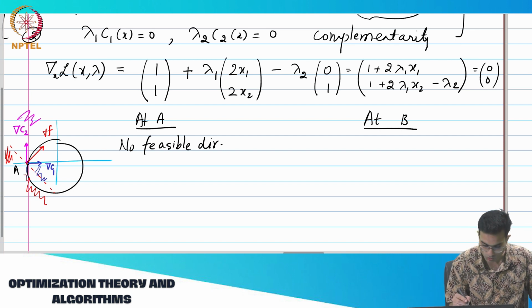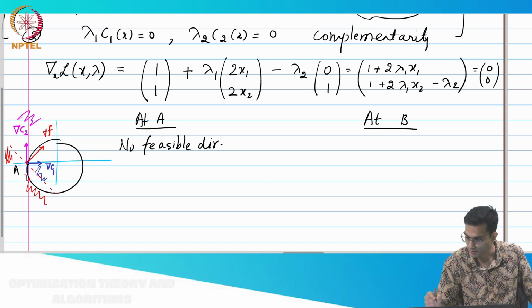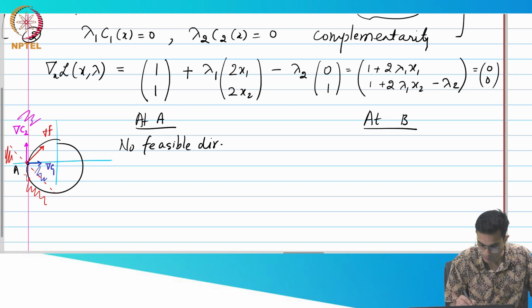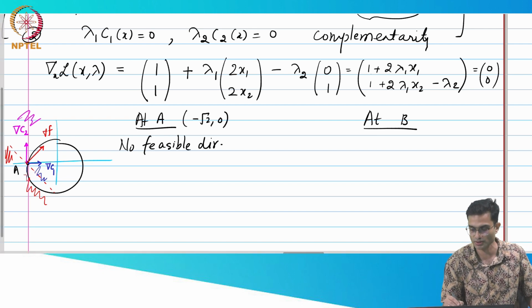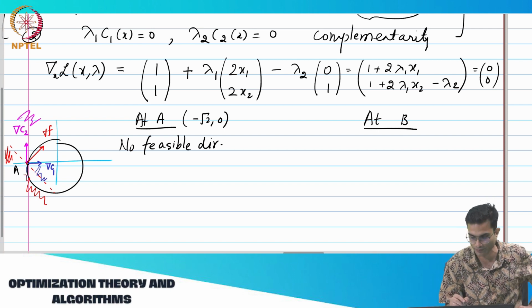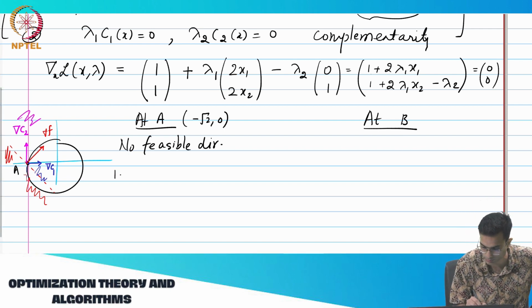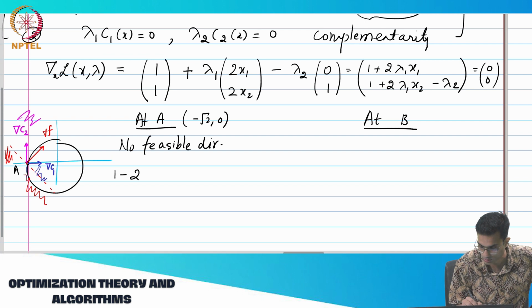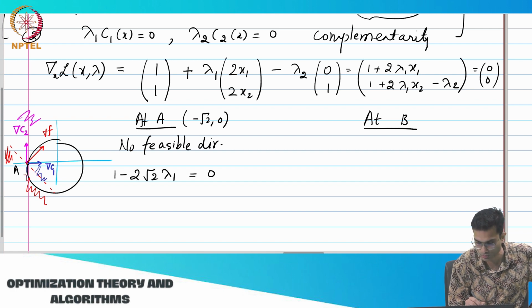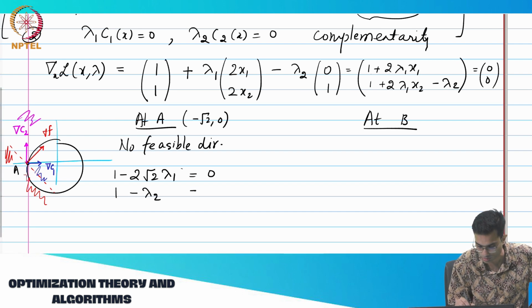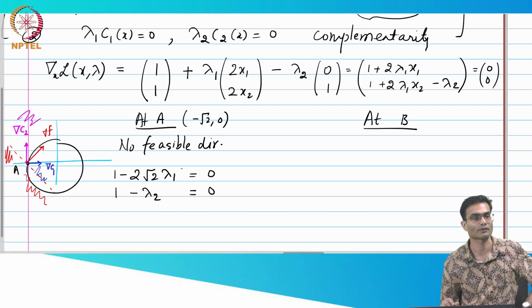Okay. So here, what was the coordinate? Minus root 2 comma 0. I can substitute this coordinate into the equation that I have over there. So what does it say? I'm going to get 1 minus 2 root 2 lambda 1 equal to 0, and the second condition is going to give me what? x2 is 0, so I'm left with 1 minus lambda 2 equal to 0, right?